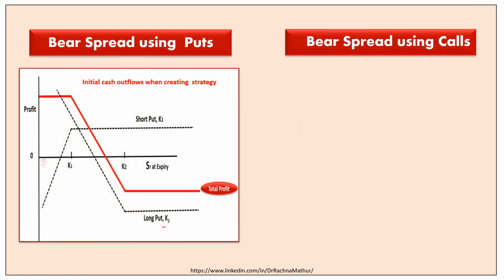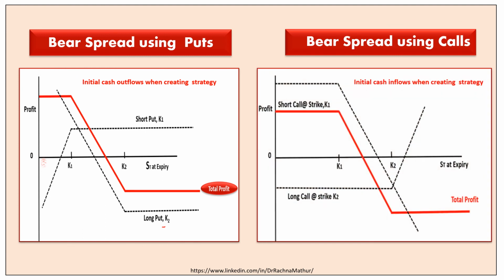Now let us see both the put and call for creating a bear spread on the same slide and compare. Here we can see that in the put there is an initial cash outflow and in the call there is an initial cash inflow. However, the total payoff, or the shape of the total profit line, is the same for both call and put strategies for forming a bear spread.